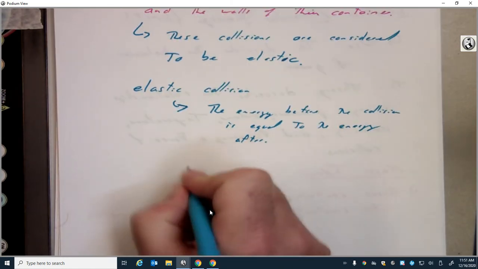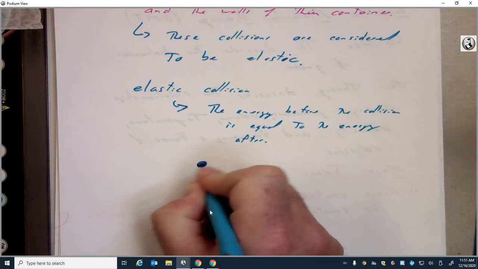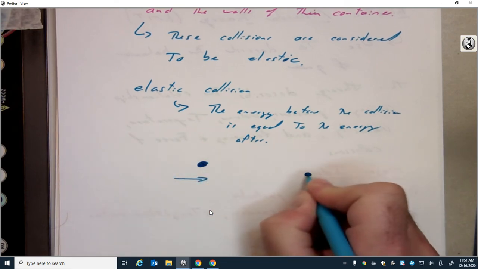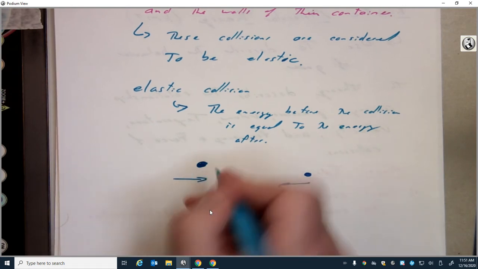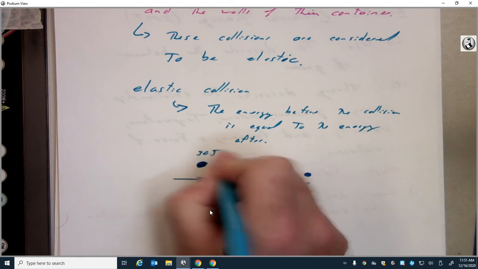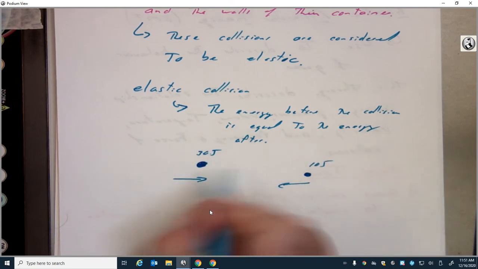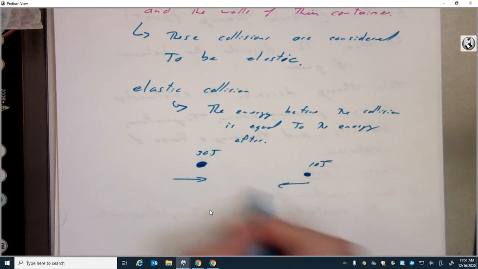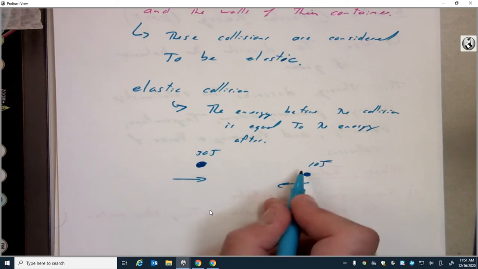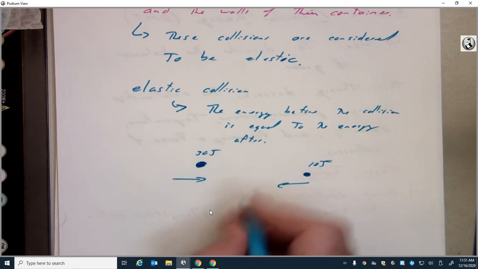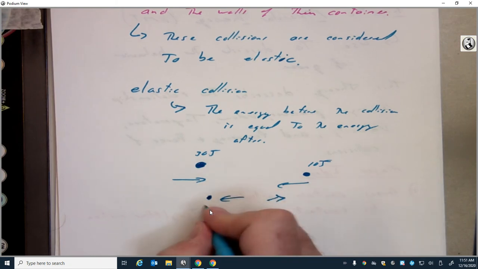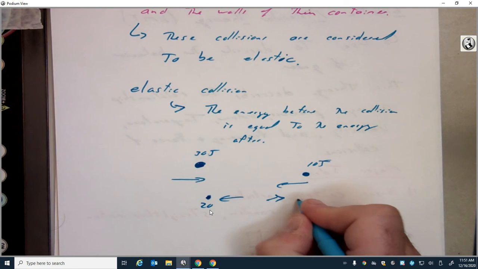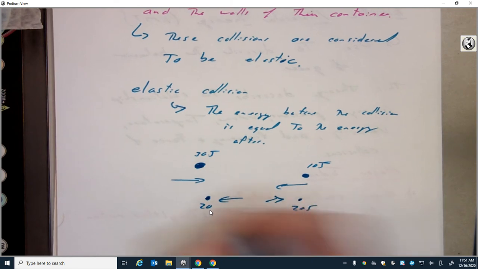Another example is, let's say we have two balls. One moving this way, one moving this way, and they collide. So let's say this one has 30 joules, and this one has 10 joules before the collision. It has a total of 40 joules. Now we can move around this energy. So maybe coming out of the collision, this guy has 20 joules, and this one has 20 joules.